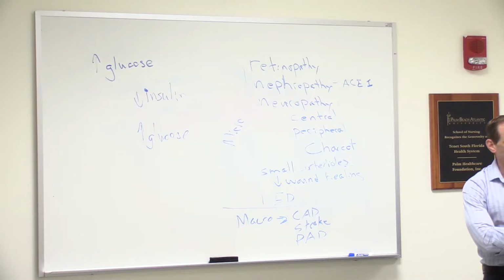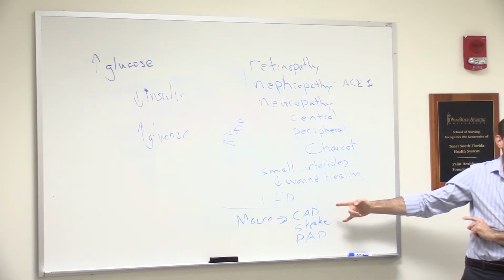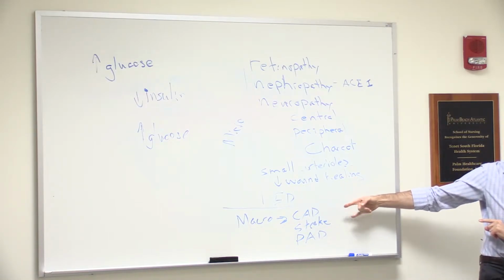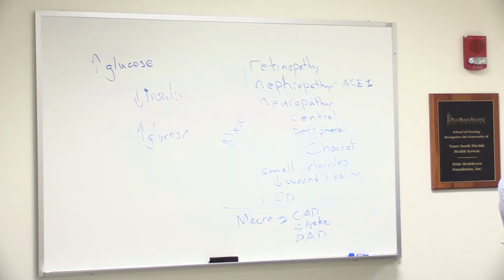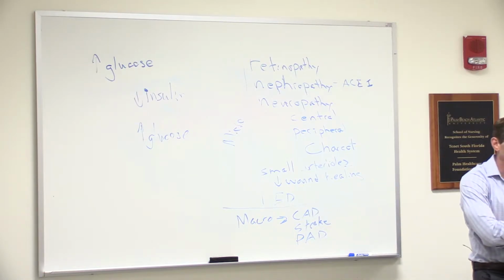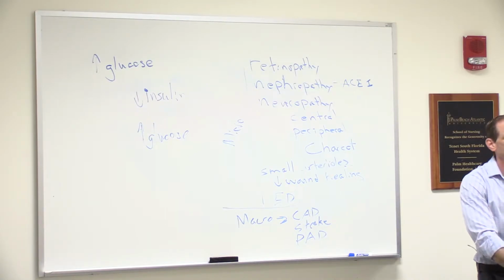There's something about insulin resistance itself that increases the risk of stroke and heart attack, even if a person has normal blood sugar. And the risk of heart attack and strokes is elevated even in pre-diabetes. Does that make sense?